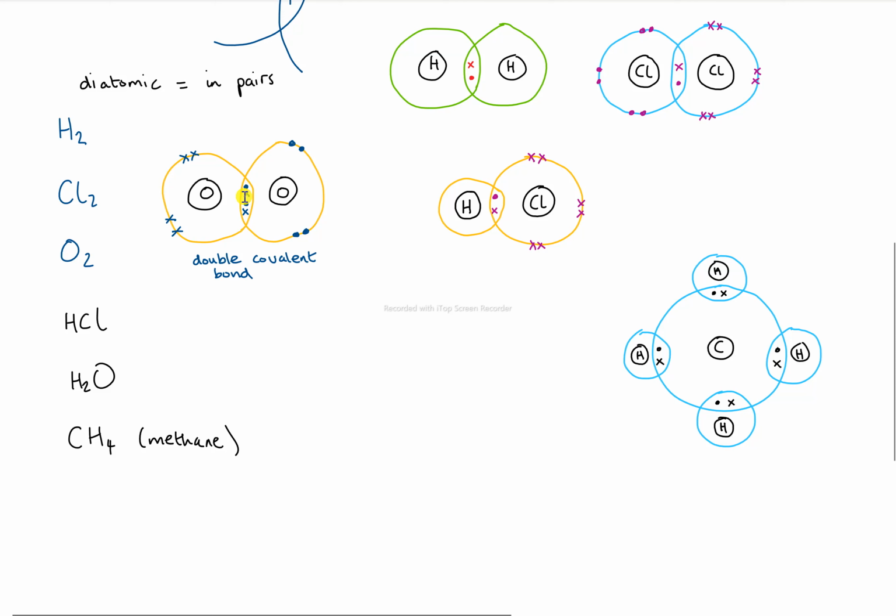This is methane, you'll need to know that. This is hydrogen chloride, don't mix it with hydrochloric acid, although it's similar. This is hydrogen gas, it's a diatomic molecule. This is chlorine gas, it's a diatomic molecule. This is oxygen, it's a diatomic molecule. These are all covalent bonds.